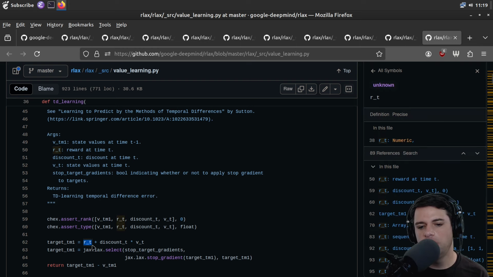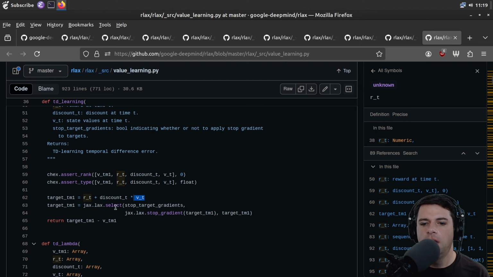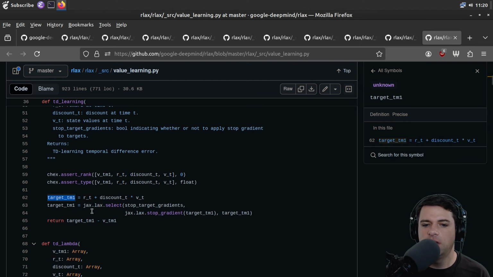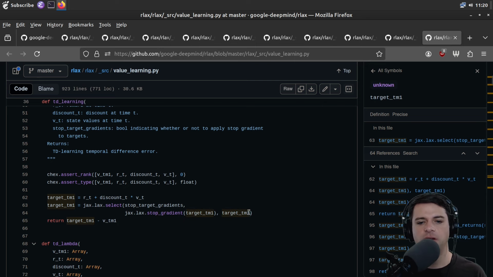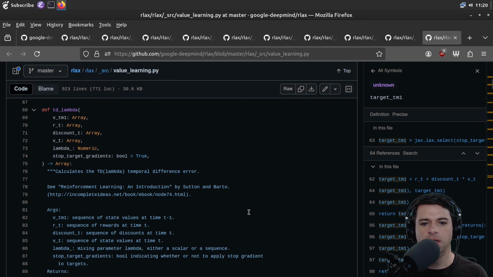R, I think that's a common variable in the Bellman equation, but I forget what it is. I don't think it's action. Maybe it's the reward. Although I don't know why you would, I don't know. And so we get the target TM1, and then we call Rlax select with stop target gradients. And call the stop gradient on target M1, and then pass in target M1 as the last argument. I have no idea what that does, but that's a thing.